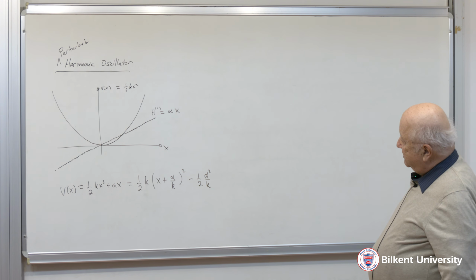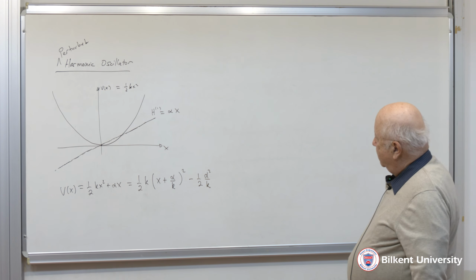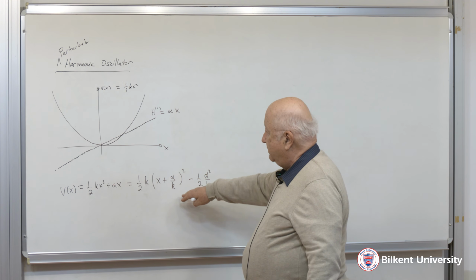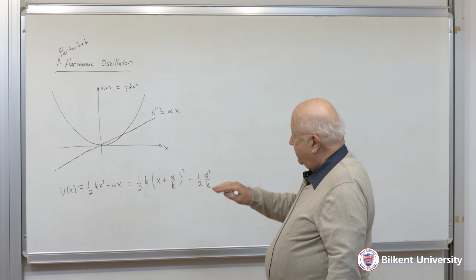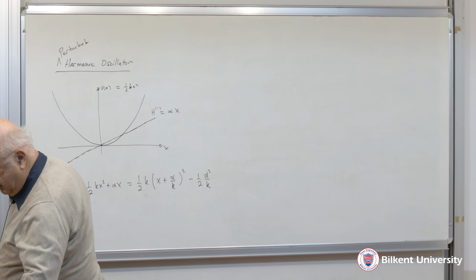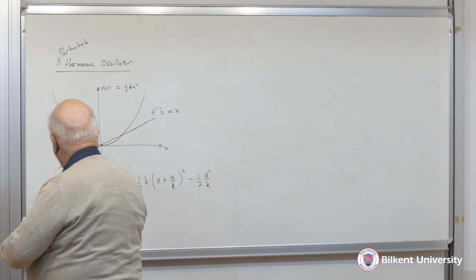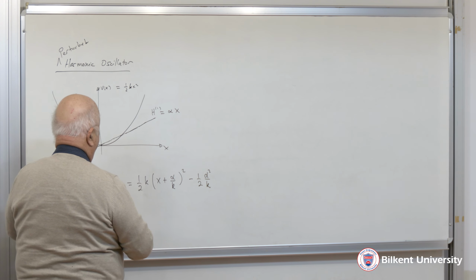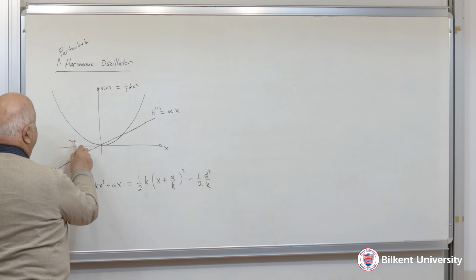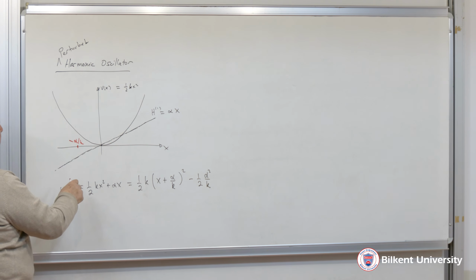So what I have here is still a parabolic potential, except that its zero reference has been shifted. So it's going to look like, let's draw a red curve. It's going to have a minimum at x equal to minus alpha over k, some point over here.